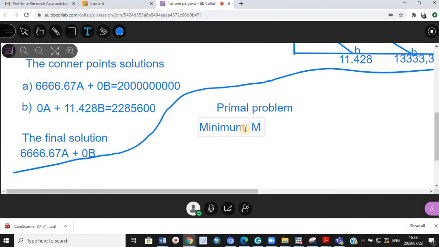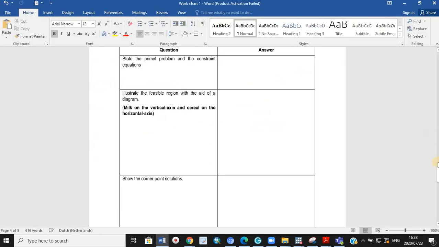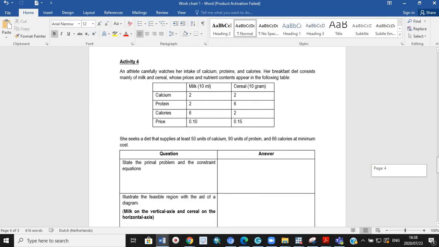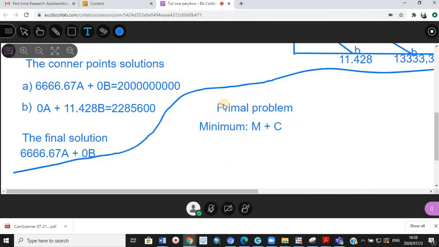So we'll say milk plus cereal. This is the first thing. Okay, the question is, how much does each of the goods cost? In this case, the price is over there. You can just go in and confirm. Okay, these are the prices, 0.10 and 0.15.